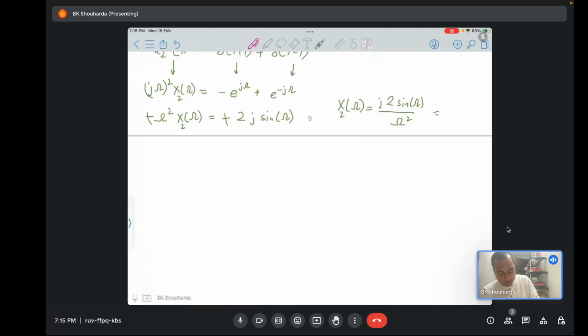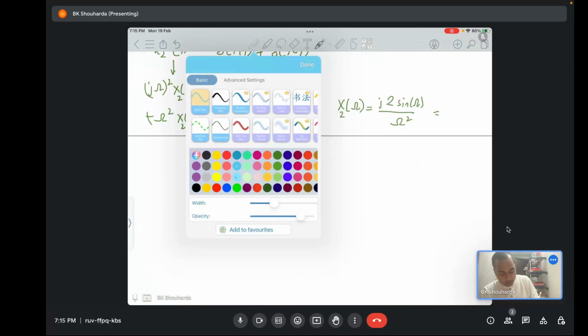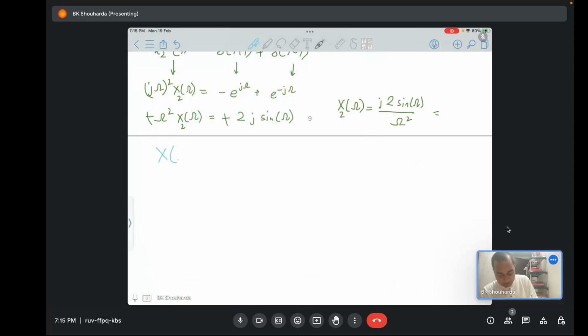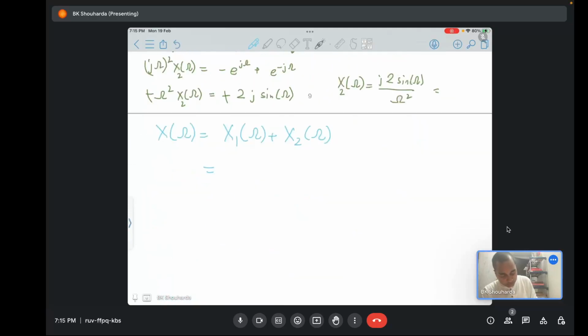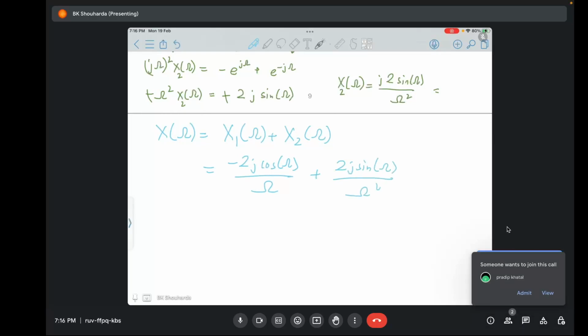Now how can I obtain this X(ω)? X(ω) is X1(ω) plus X2(ω). X1(ω) was minus 2j cosine ω upon ω. X2(ω) was 2j sine of ω upon ω squared.